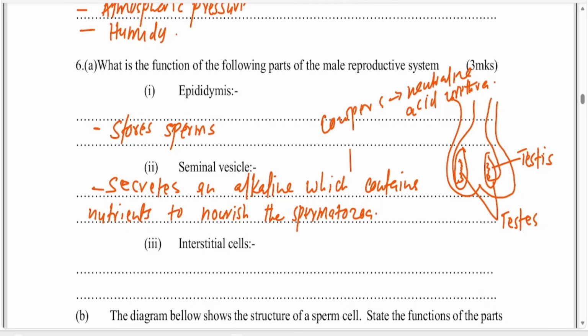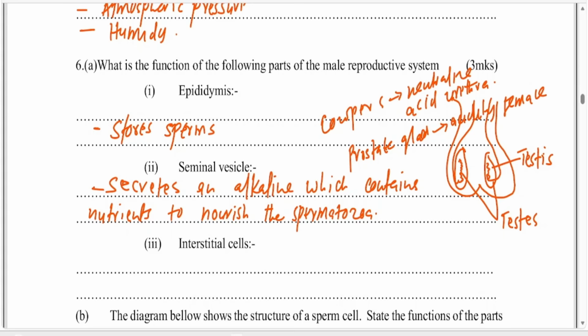So the prostate gland neutralizes the acidity in the female reproductive tract. That is, it will also produce an alkaline fluid.